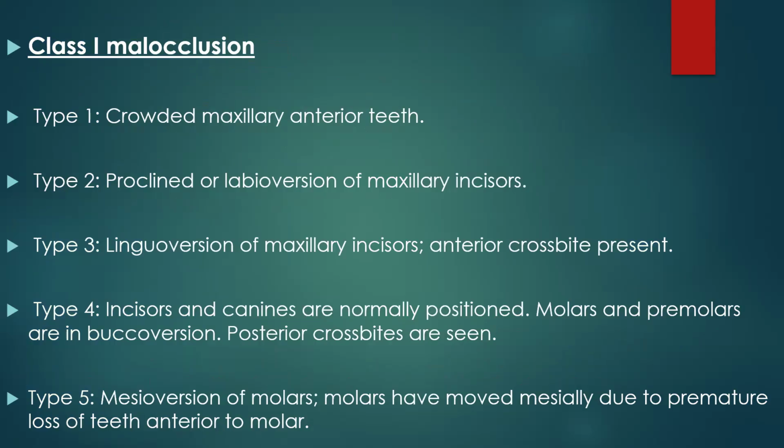Type 3: linguoversion of one or more maxillary incisors resulting in anterior crossbite. Type 4: incisors and canines are normal but molars and premolars are in buccal version, resulting in posterior crossbite. Type 5: mesioversion of molars, wherein the molars have moved forward due to premature loss of deciduous teeth, causing the maxillary permanent molar to migrate mesially.